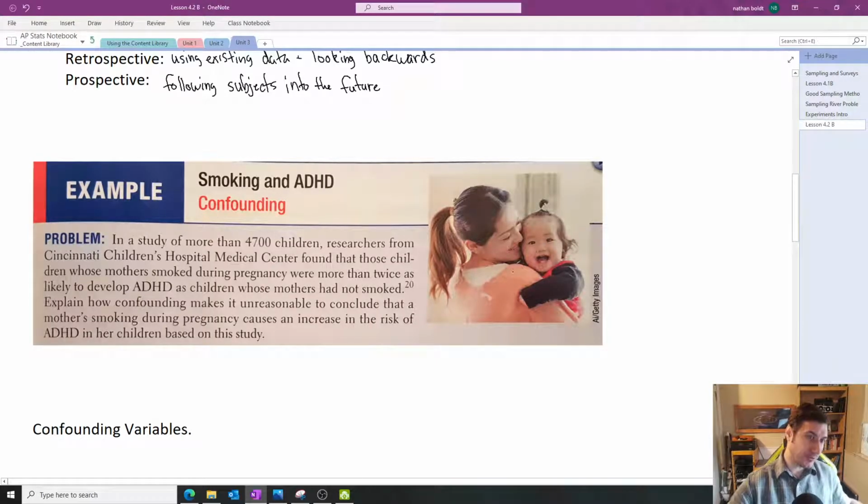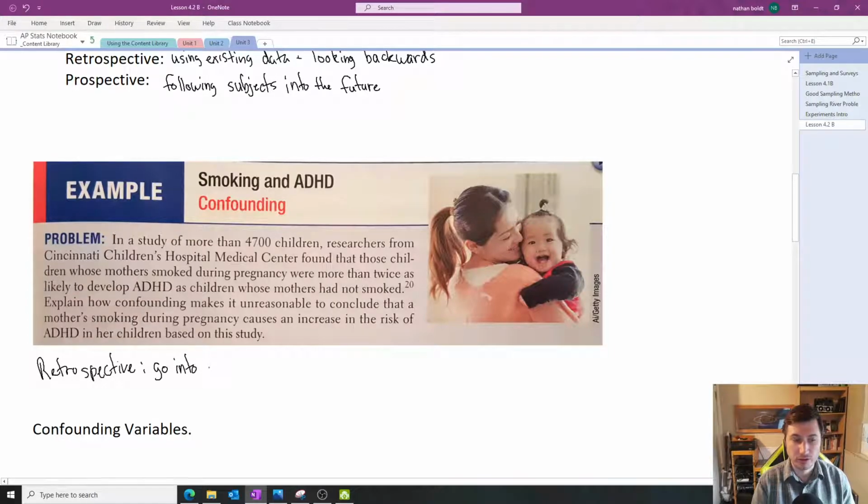Now, is it retrospective or prospective? Here it gets a little iffy because the intro here doesn't really tell us which one it is. So let's imagine how it could be either one. If it was a retrospective, less likely, I think, but here's where you would be going into medical records.